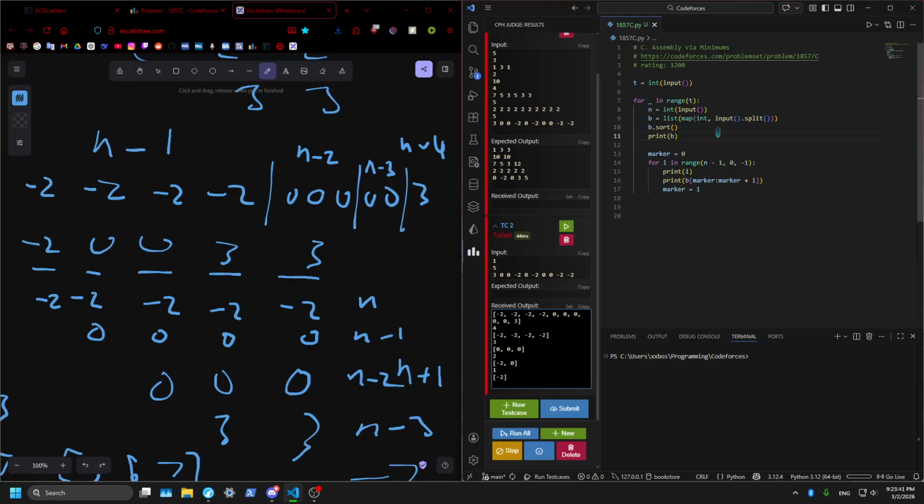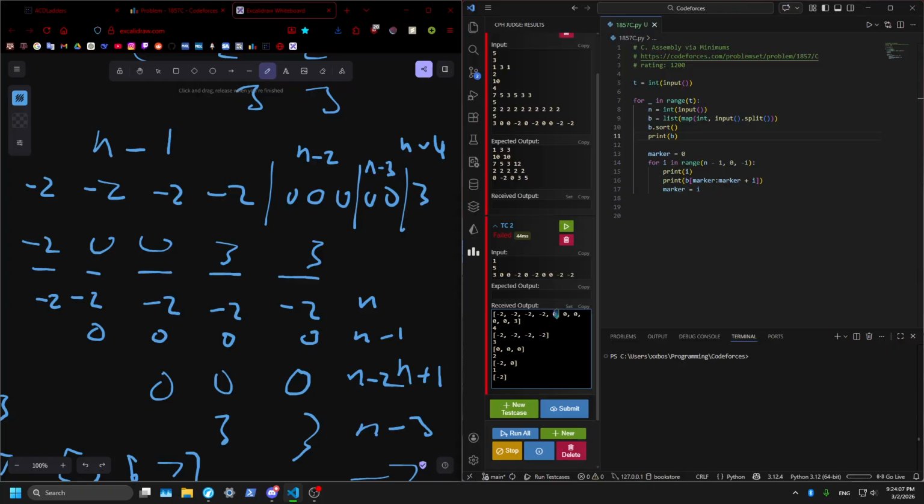So marker is at 0. 0 plus 4 is 4. So 0, 1, 2, 3. Marker is set to 4.